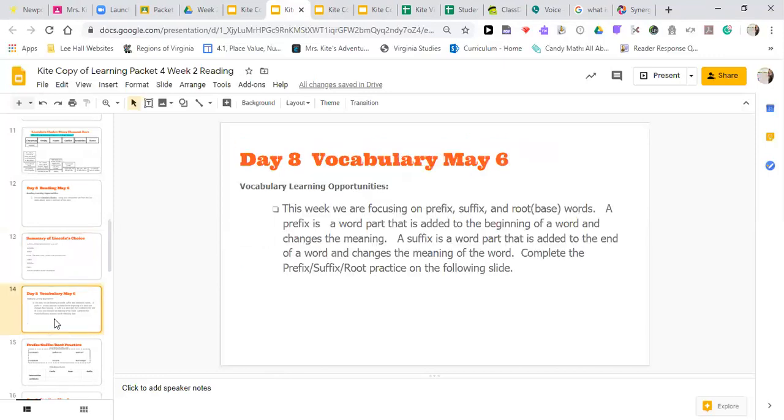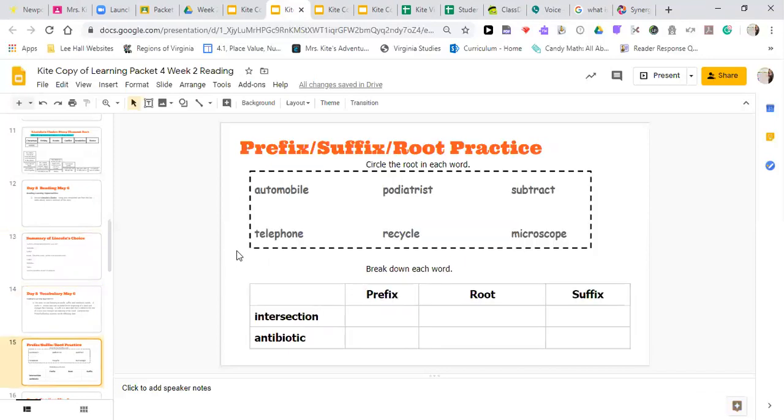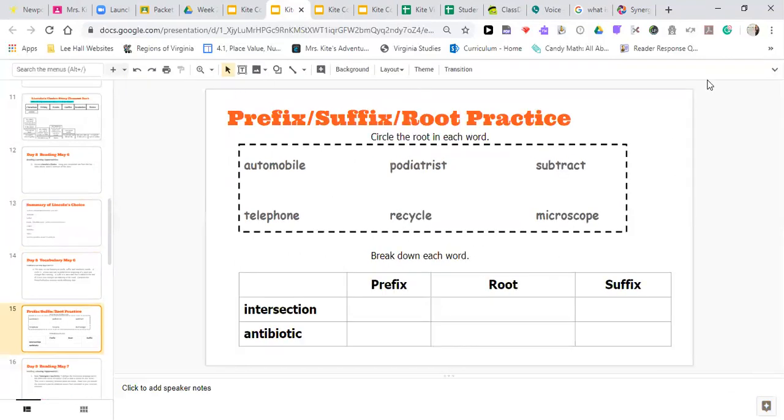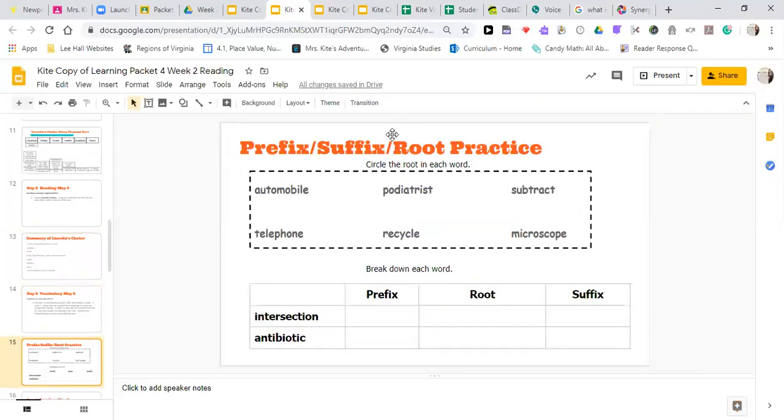And really quickly, I want us to go through day 8 vocabulary, and while you should have already done this, I wanted to go through one of the trickier ones up here on circling the root word. So we can see that we have the word podiatrist in here, and that's kind of a big word. Now, podiatrist does not have a prefix, but it does have a suffix.